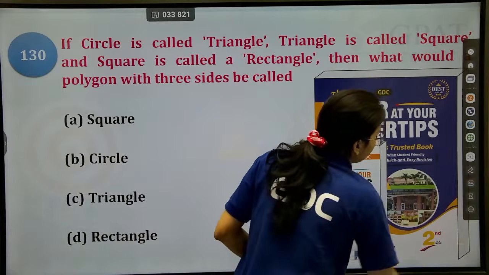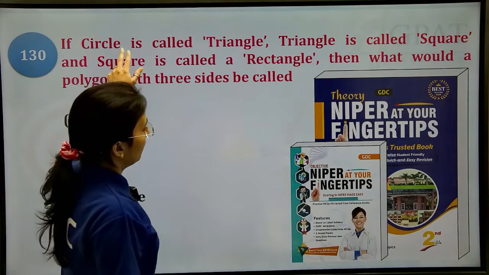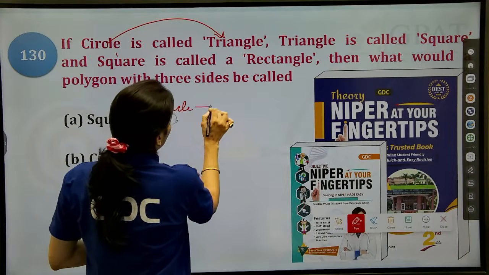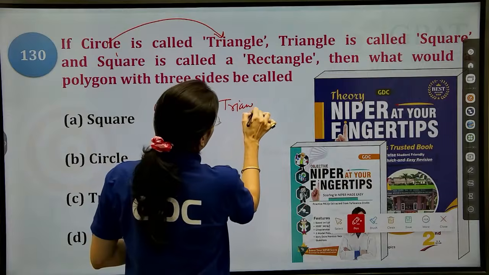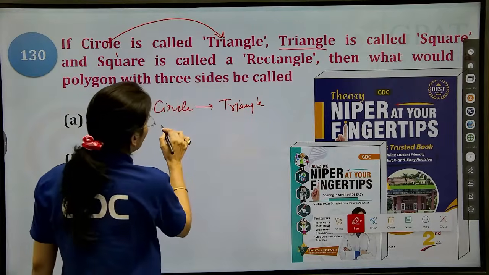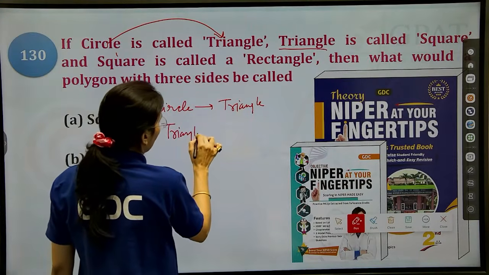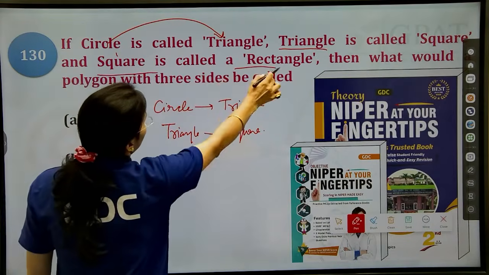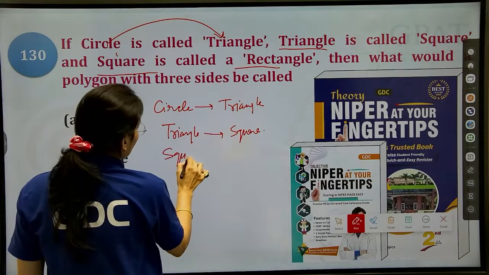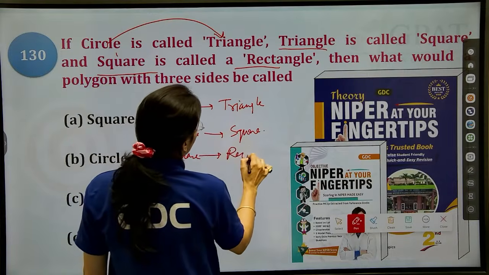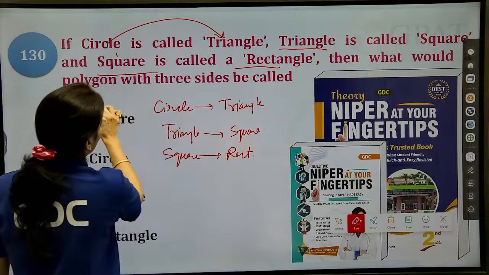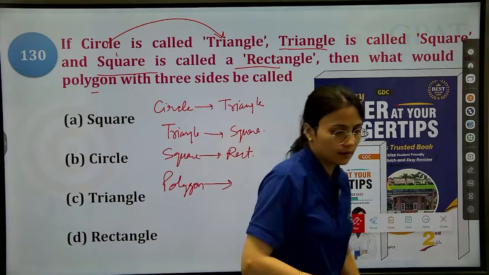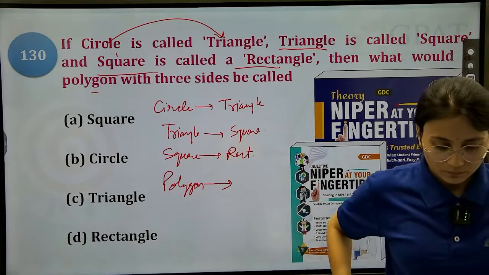If circle is said to be triangle, triangle is called square, and square called rectangle, then what would be polygon? What is the answer? Anyone?